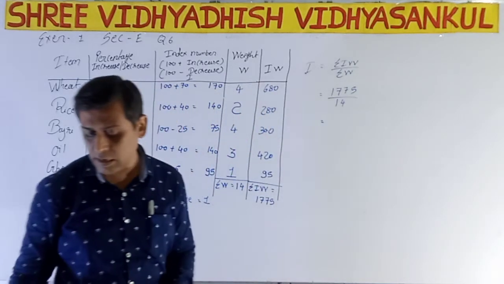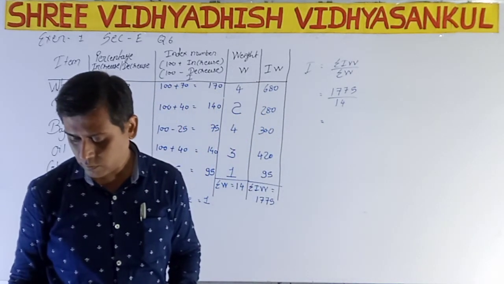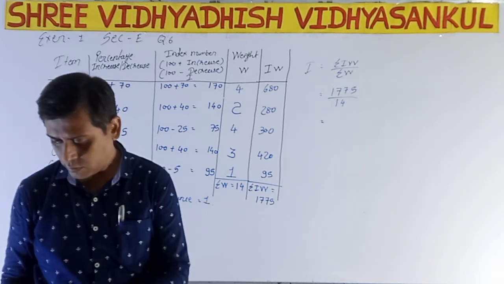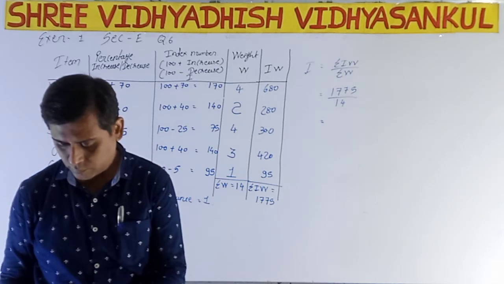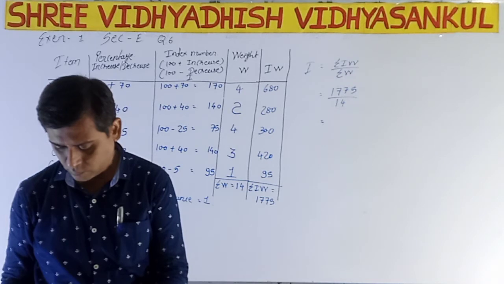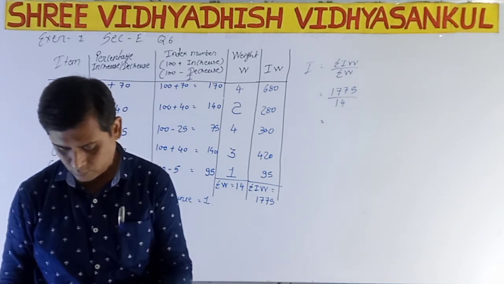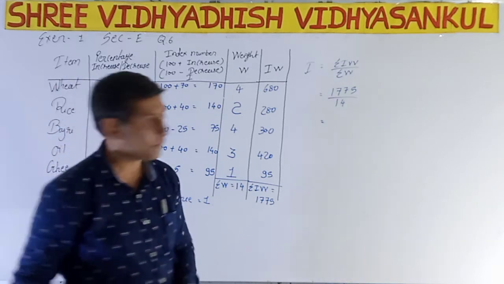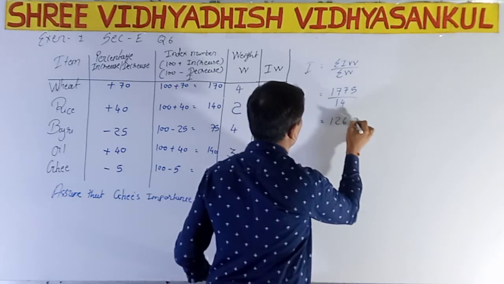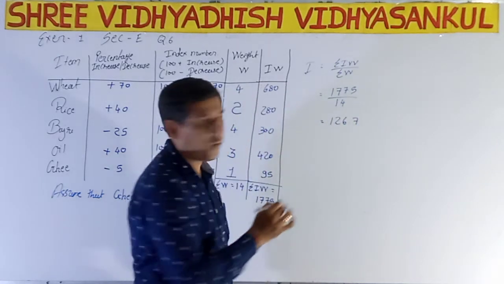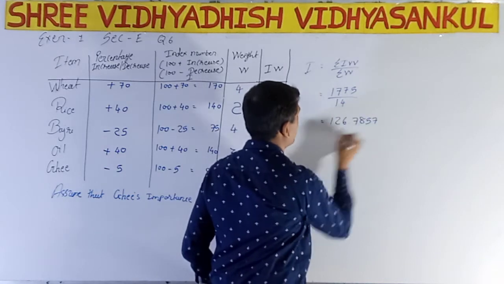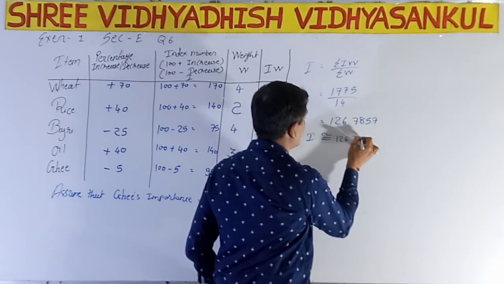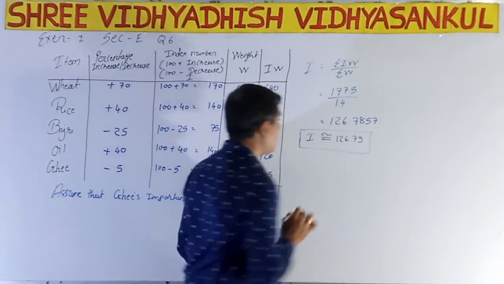So your index number is 126.79, 7857. So your approximate answer is 126.79, and you can write that increase.